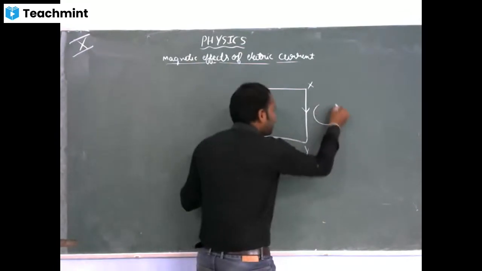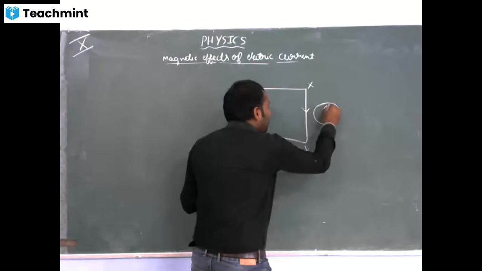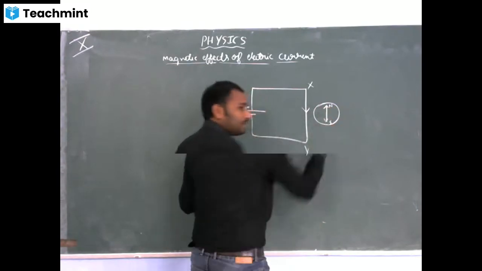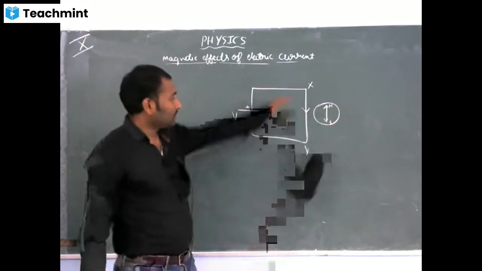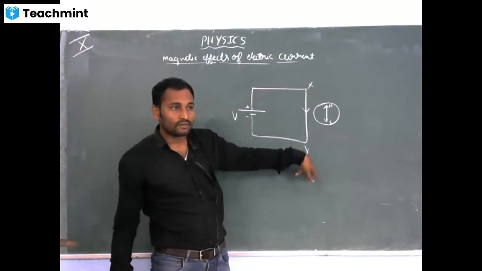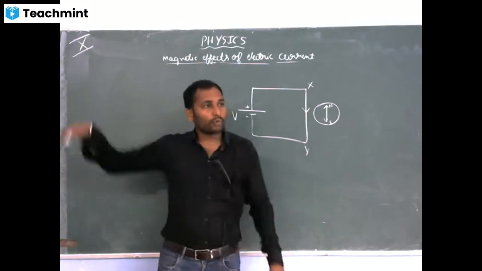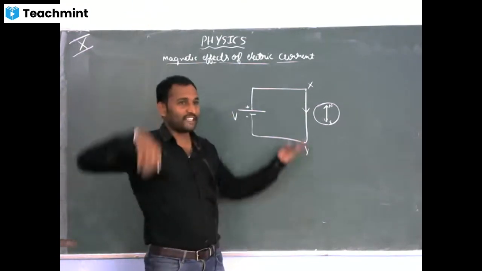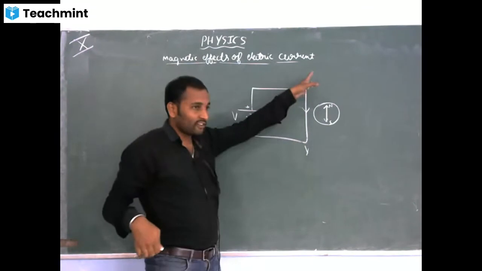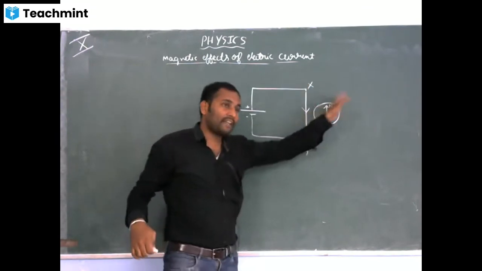So I will place a compass needle here. This is north, this is south. The direction of current is now from north to south. North to south in the sense Sindhanur to Bangalore, right? When the direction of current is from north to south, which side will the compass needle deflect?